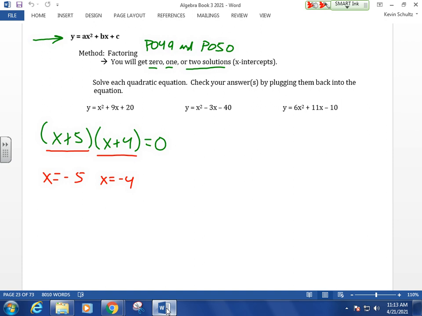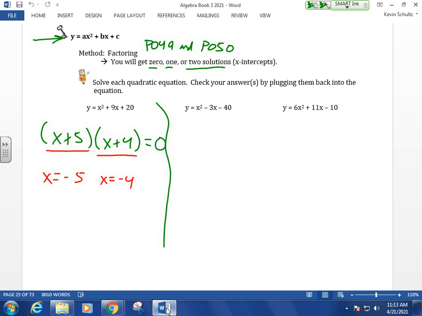Okay. The next one, also a coefficient of 1 on that x squared term. So we're focusing on the 40. What are factors of 40 that add or subtract to give you negative 3? Those magic numbers, factors of 40 or negative 40, but you can assign the signs later on.